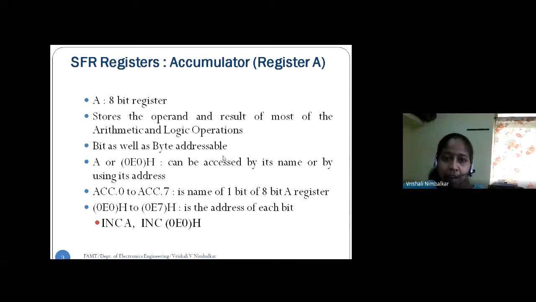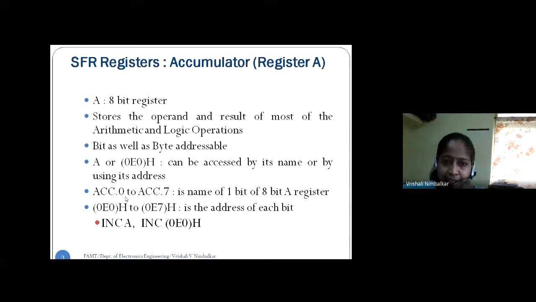Correct? Now if you want to refer to it as 1 bit, you just want to access 1 bit of accumulator, then you should be writing it as ACC.0. Right? Be careful. It is not A.0, it should be written as ACC.0, that is the first bit, the 0th bit. ACC.1, ACC.2, and so on, ACC.7, that is the last bit.